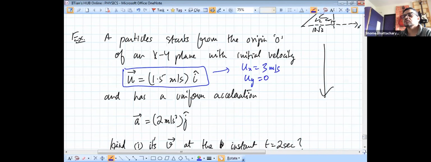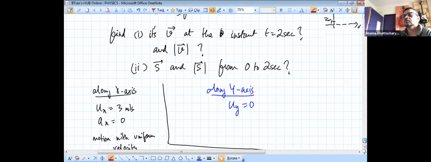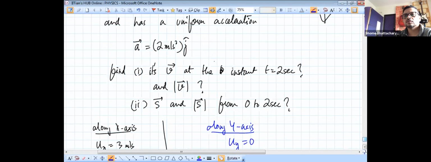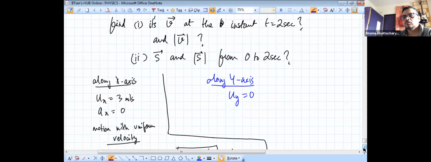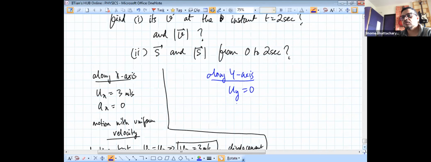Whereas about the acceleration, what is given? It is only along the y-axis. Okay. So the acceleration's x component is 0, whereas the y component is 2 meters per second square.